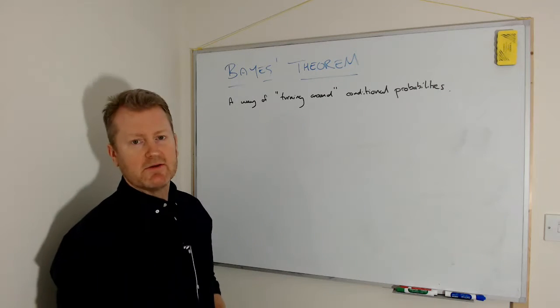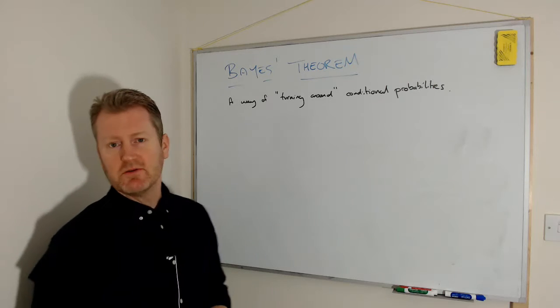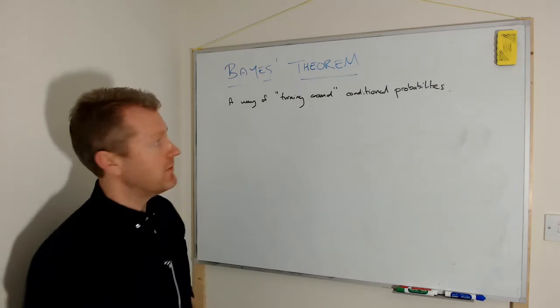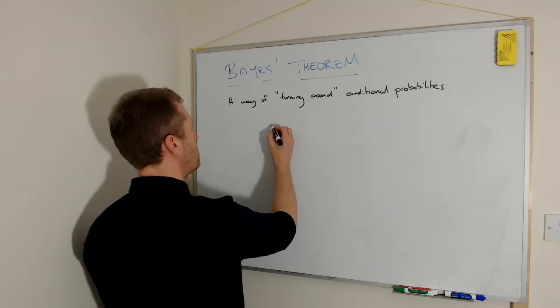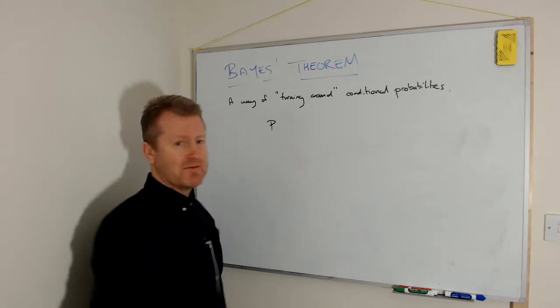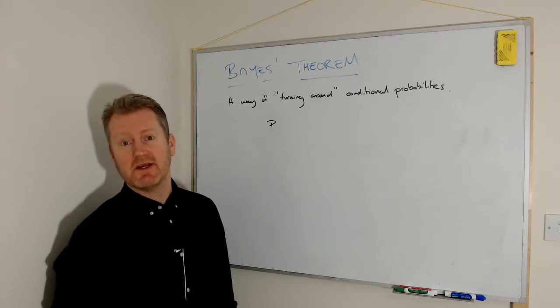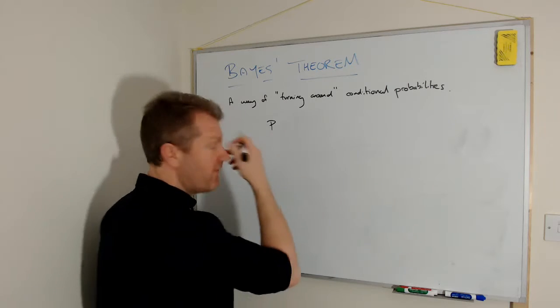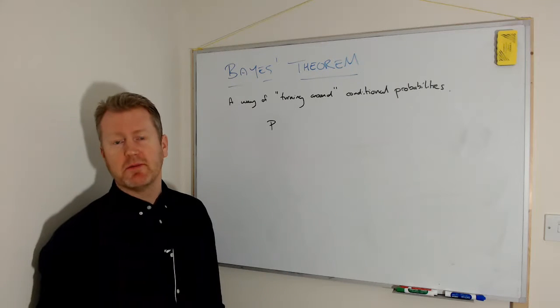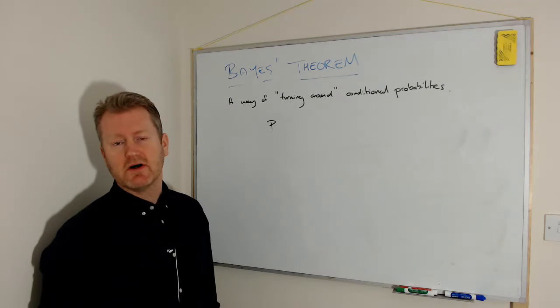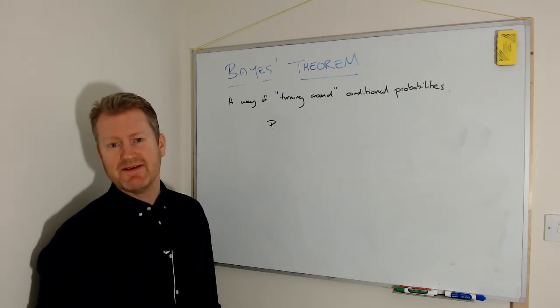So Bayes' theorem is a way of turning around conditional probabilities. What is a conditional probability? It's the probability that something happens under the condition that something else has happened. For example, what's the probability of rolling a 2 on a dice given that the result is even?